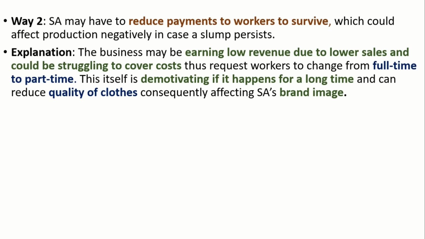This itself is demotivating if it happens for a long time and can reduce quality of clothes, consequently affecting SA's brand image. You must make sure that you use words such as thus, consequently, leading to, so that you're able to connect the effect to SA like the question has asked you.